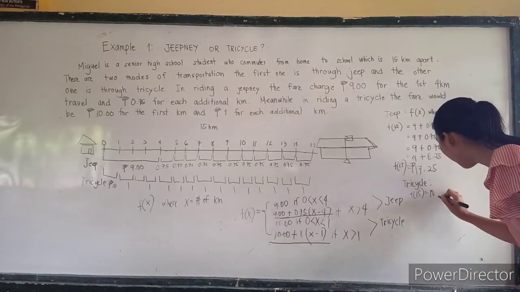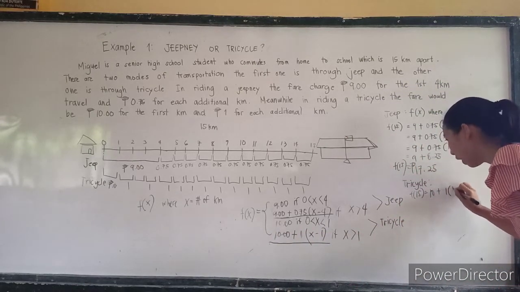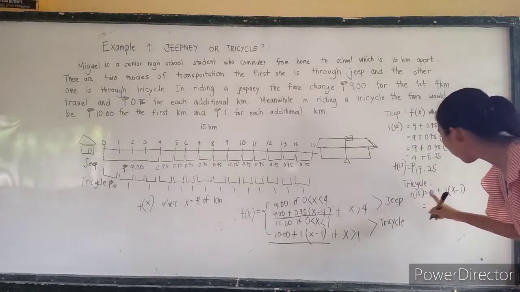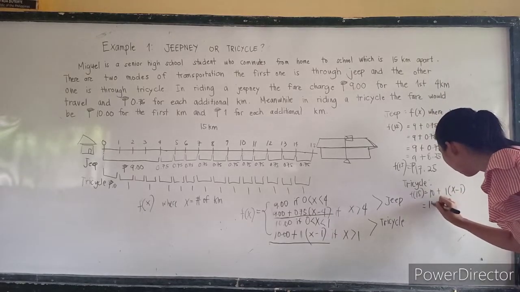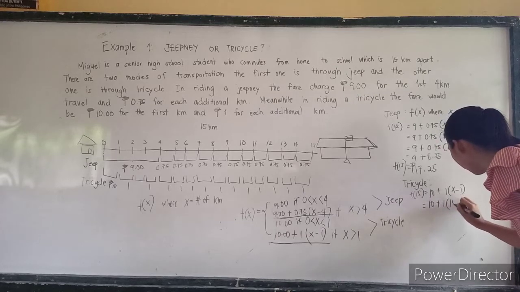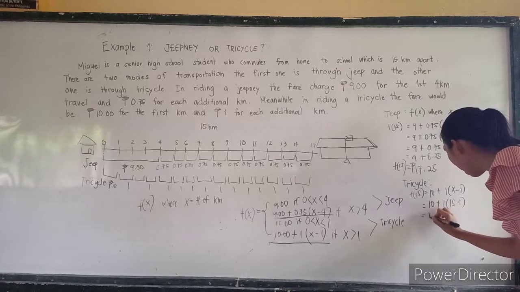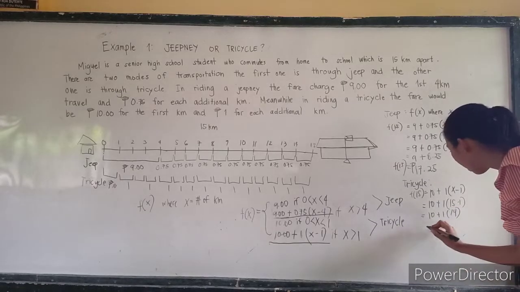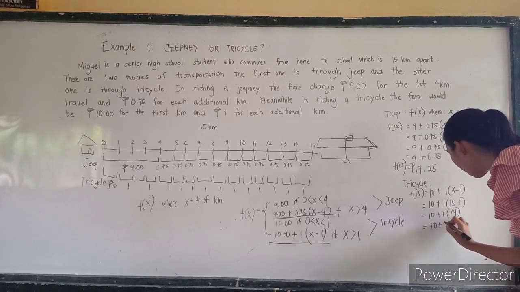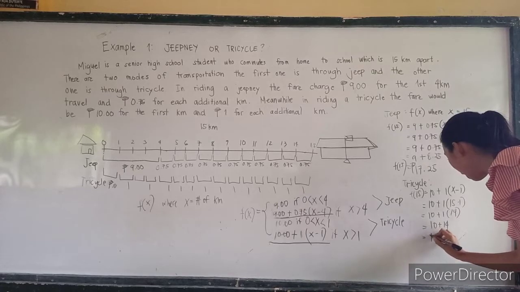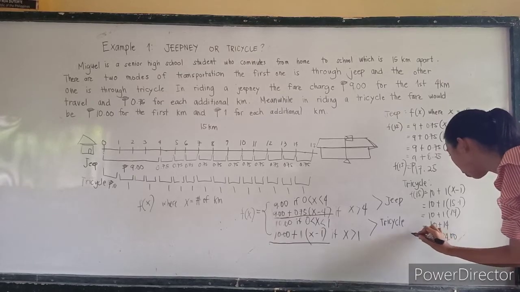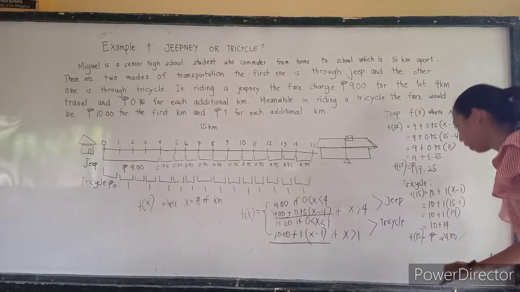So, we have 10 plus 1 times x minus 1. Substitute 15 with your value of x. So 10 plus 1 times 15 minus 1. That becomes 10 plus 1 times 14. Then 10 plus 14. Lastly, he is going to pay 24 pesos if he's going to ride the tricycle.